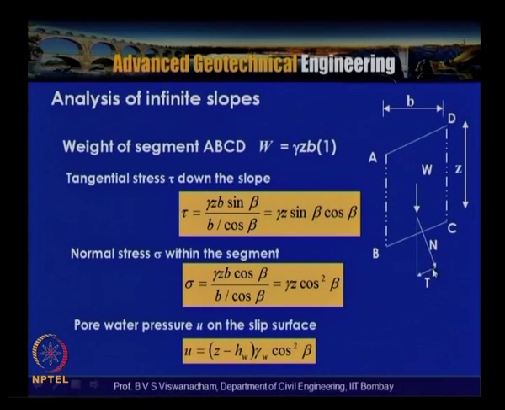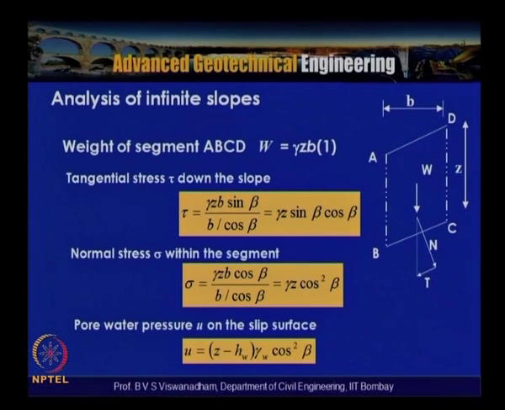This component along this surface is taken over a distance b by cos beta into 1. So, it is the shear force over that area, wherein tau is equal to gamma z b sin beta by b cos beta. With that, we can write tau is equal to gamma z sin beta cos beta.